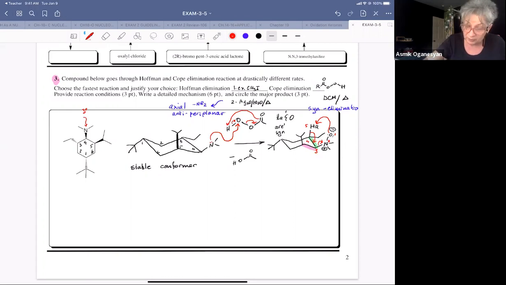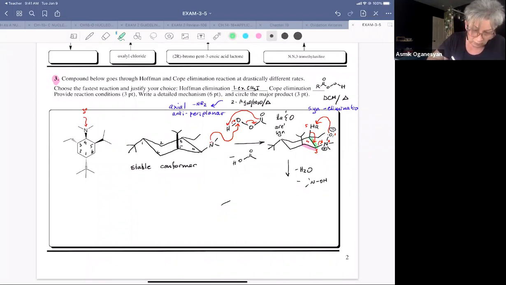And the result of the reaction will be formation of water molecule, formation of hydroxyl dimethylamine, and we will form the product in which the double bond will be formed between the original position.